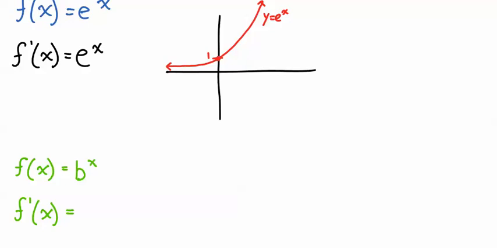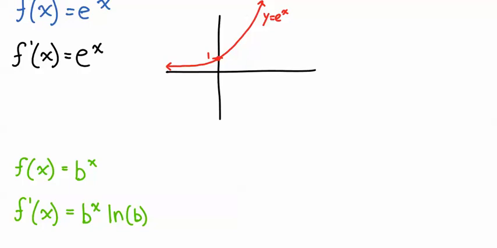So we used first principles, and then we approximated what the slope would be to help us figure it out in the end. And we found out the derivative of b to the x is just b to the x multiplied by ln b.